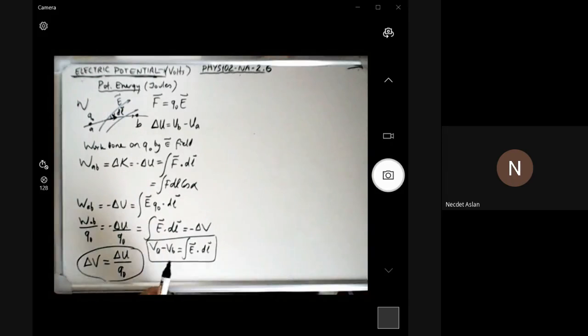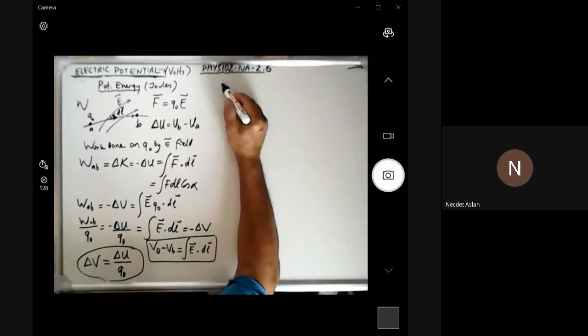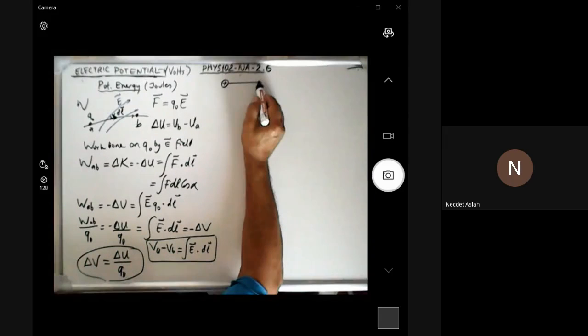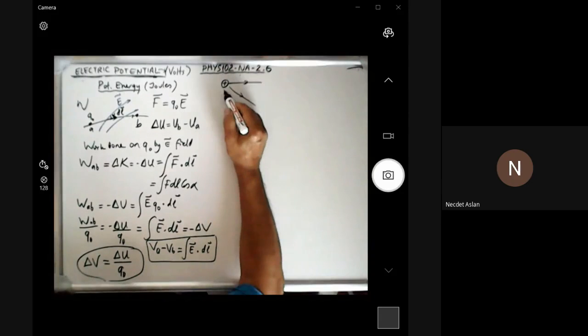So how can we get the expressions for potential and potential energy? Let's assume a point charge, plus Q, which produces electric field lines in three-dimensional space.